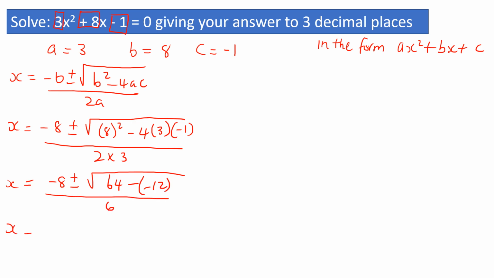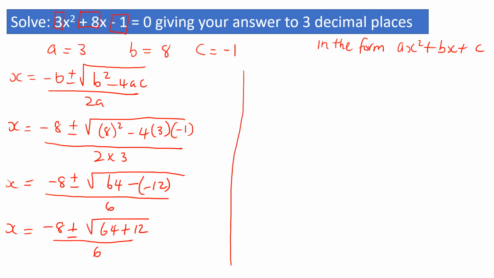So x equals negative 8 plus or minus the square root of, if we see we have two negatives, that gives us a positive, so it'll be 64 plus 12, all over 6. Let's come over here and draw a line to separate.